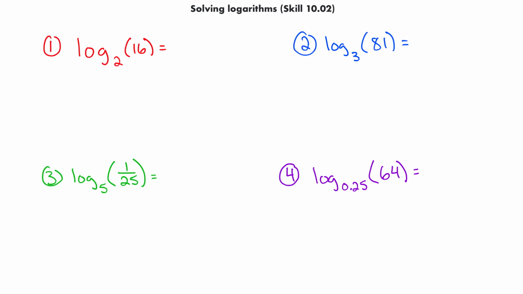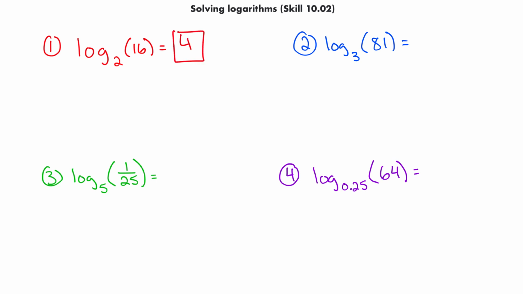So in the first lesson, you just relied on your knowledge of how to convert between the two. In the second lesson, now you need to know how to read them, because I'm not going to give you the answer. Problem 1, I have log base 2 of 16. The way I read that is I ask, 2 to what power is equal to 16? The answer is 2 to the fourth power.